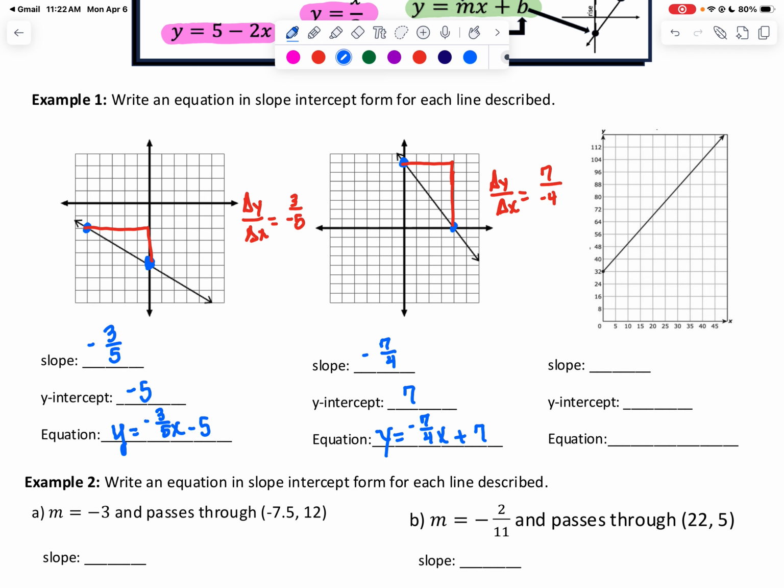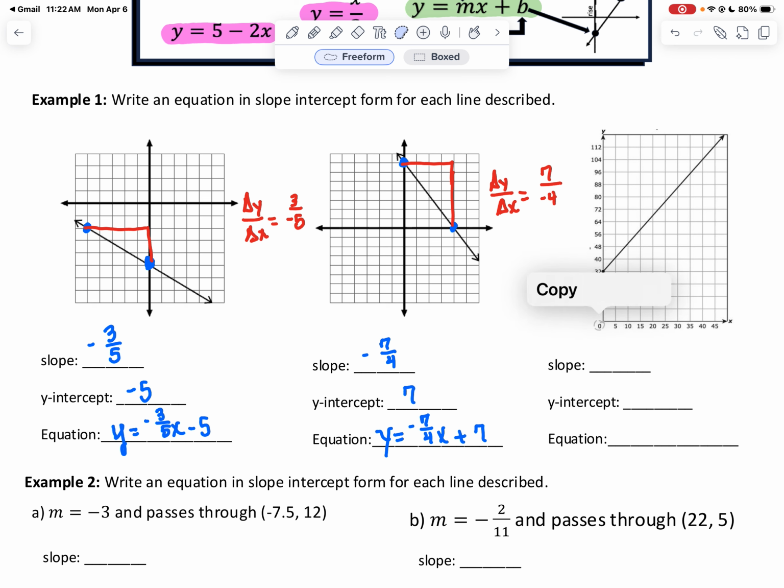Now be careful on your next graph. They want us to write an equation for this line in slope-intercept form. But I want you to notice that the x-axis, we have 0, 5, 10. It's scaled by 5s. It is not scaled by 1s. So that's going to be very important when we're getting our slope. Now let's look at the y-axis.